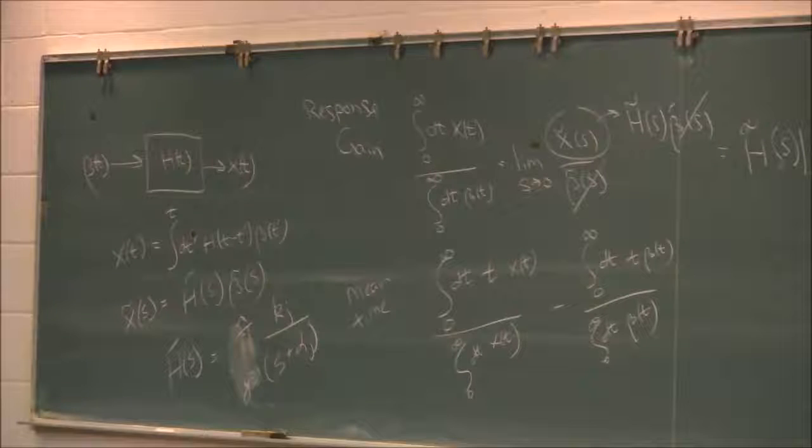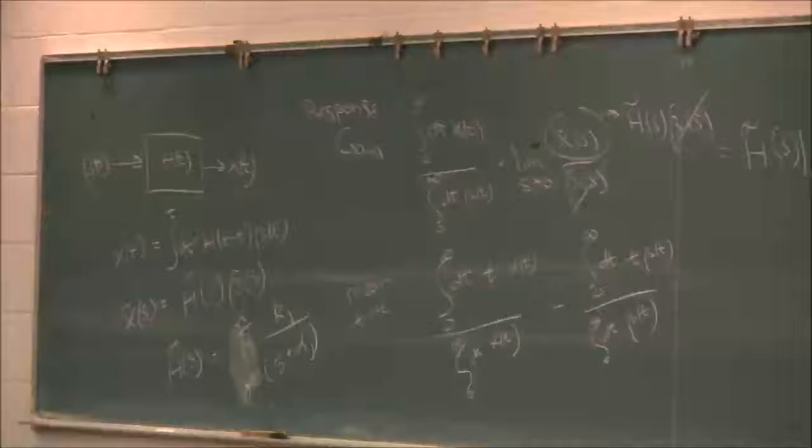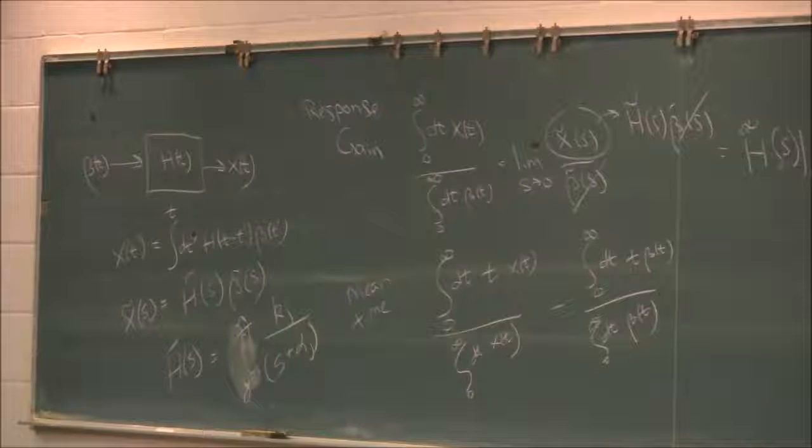t bar is just defined as the integral from 0 to infinity dt of f of t times t, normalized by the area of the function. So here f is working like a weighting function, and t is a variable that we're taking the average of.